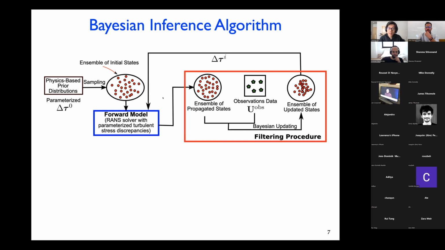And then we can plug this term back into the forward model to solve for velocity again. And then we compare it with the observation data. So we do this pipeline iteratively until statistical convergence is achieved for the estimation of the ensemble of delta tau.